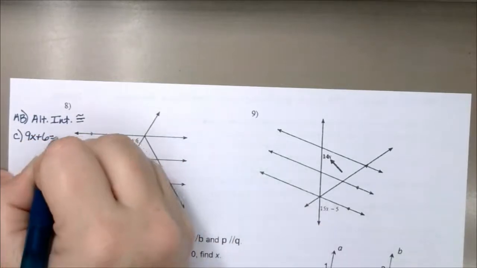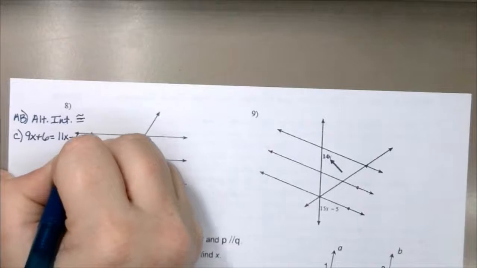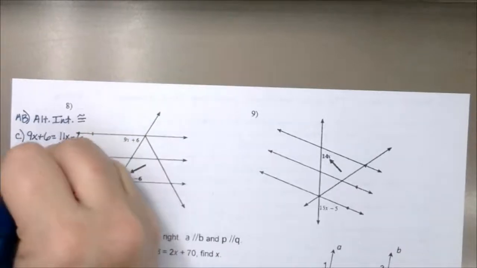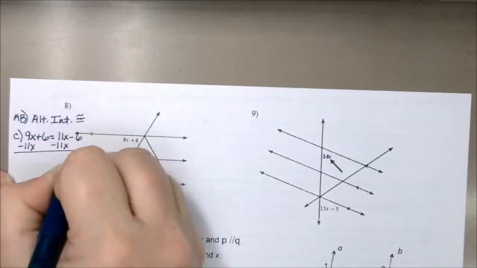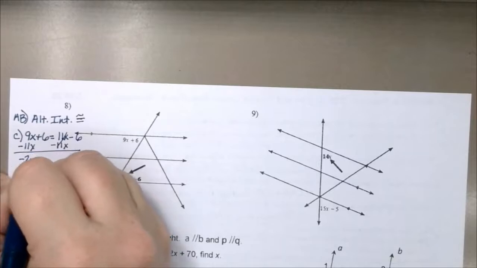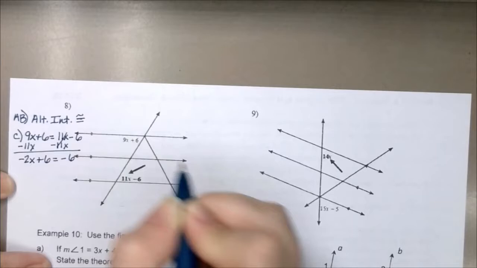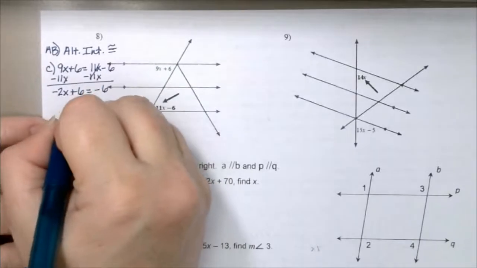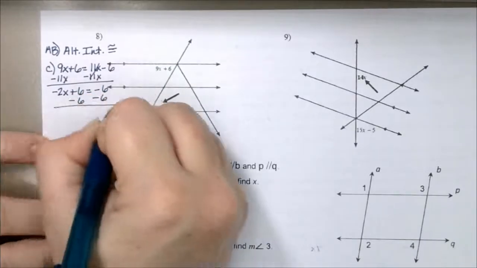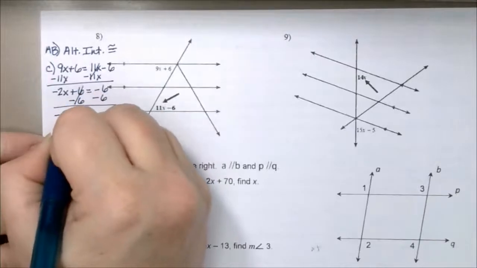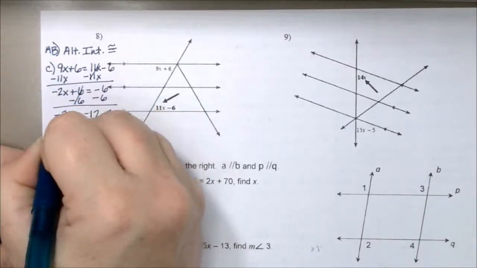Okay. So, if I were to look at the lines that make up this angle, which would be this line right here and here, correct?